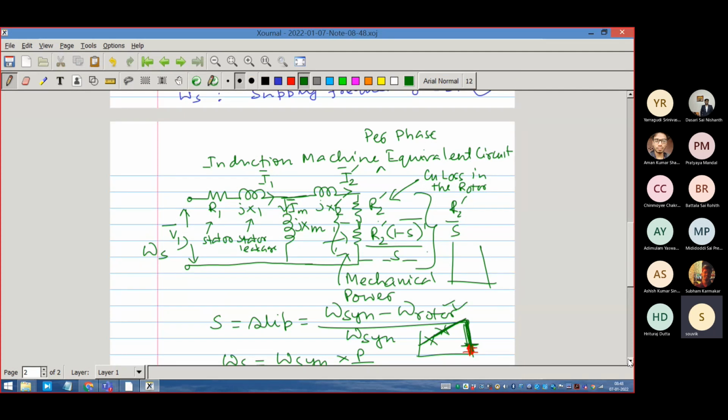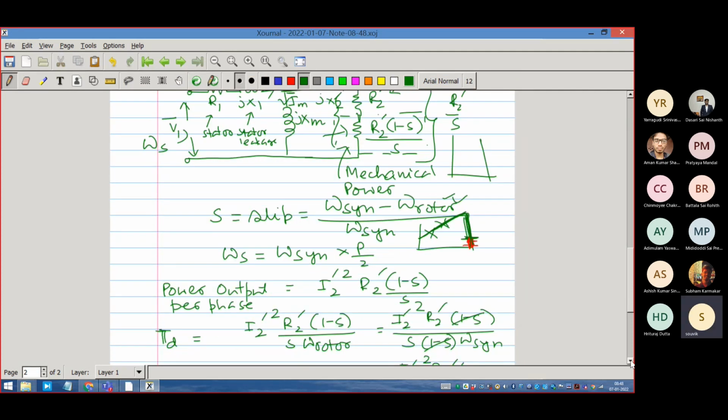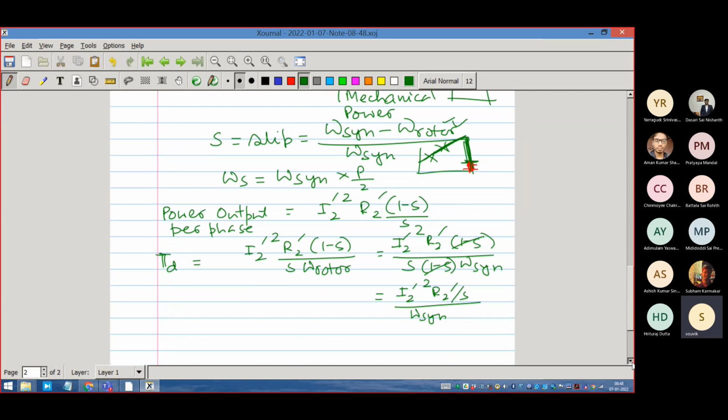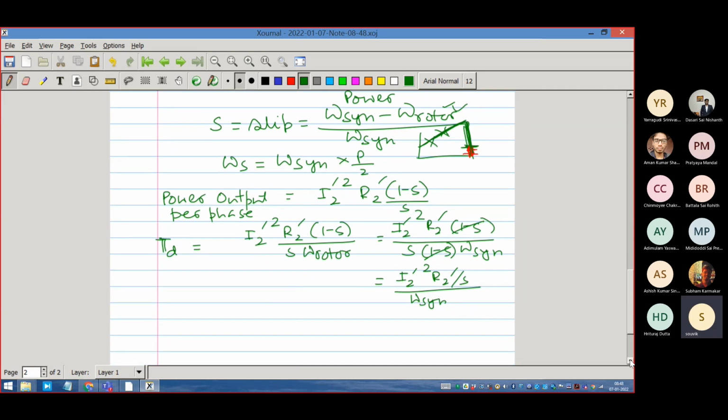So you must see that I2 dash square into R2 dash by S is not really the power that is output to the mechanical system. It is the total power coming out to the rotor from the stator, because that includes the rotor copper loss.